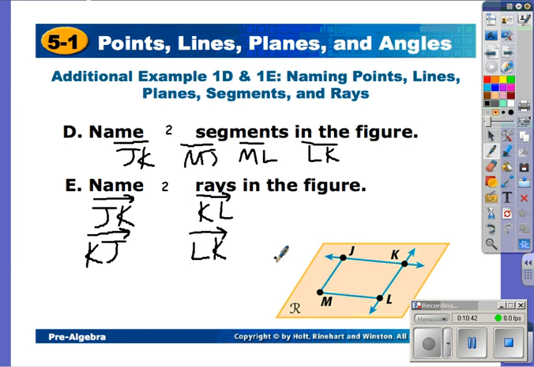Just make sure that it has an arrow going on forever in one direction. Order does matter with rays. That is very important. For a line and a line segment, order does not matter. For a ray, order is very important. I believe that's it. So good luck.